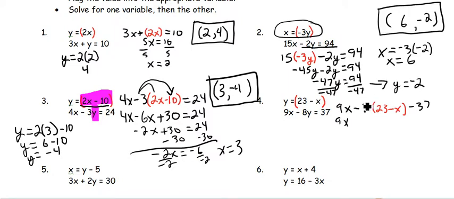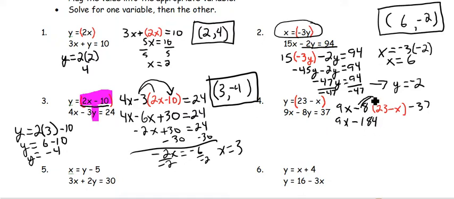Alright, so the first thing we need to do, well, let's go ahead and write down our 9x, and then we need to multiply negative 8 times 23. And yes, I've got out my handy dandy calculator. Equals negative 184.